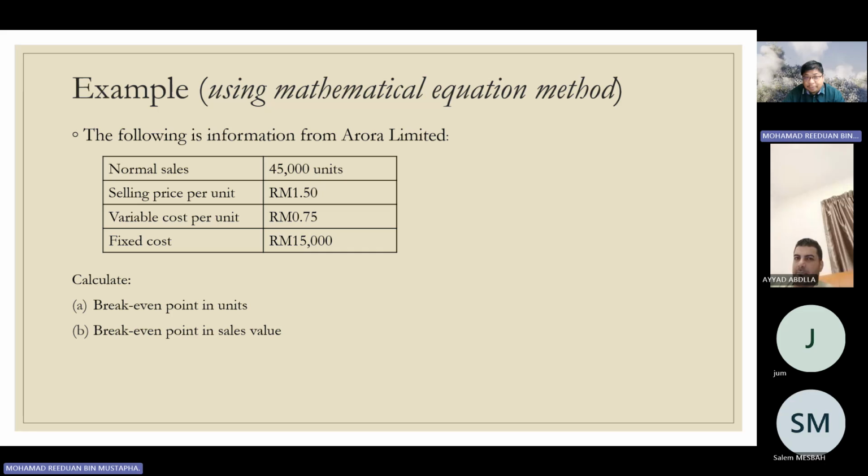So how much can you get? If you solve this mathematical equation, you will get X equal to 20,000. Is it correct?